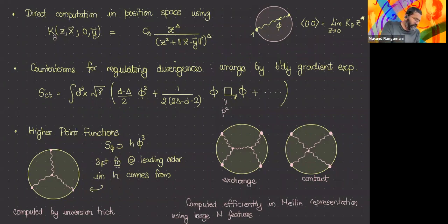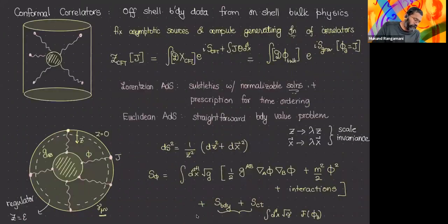Because phi has a vertex in the bulk, which is of order H. And I can get to that vertex by propagating 3 different fields and making them meet.